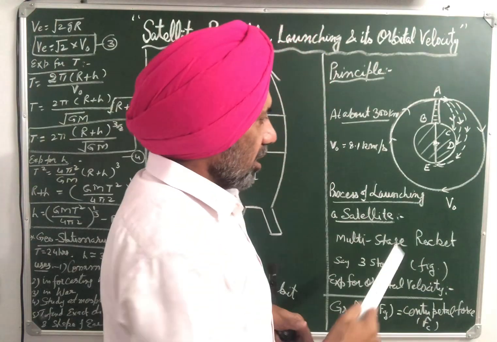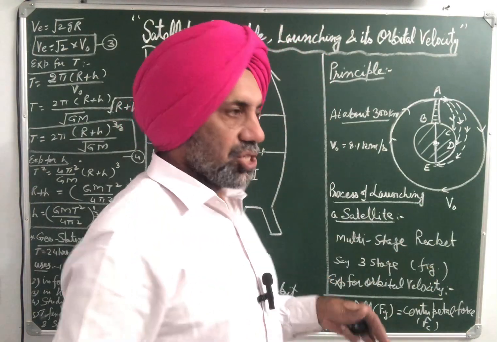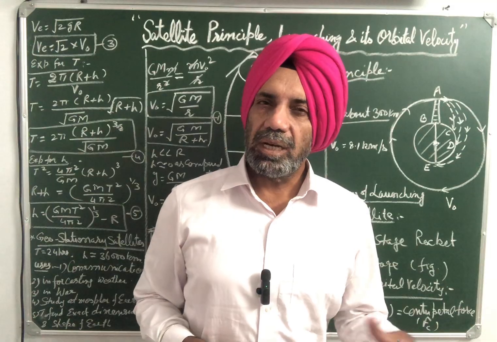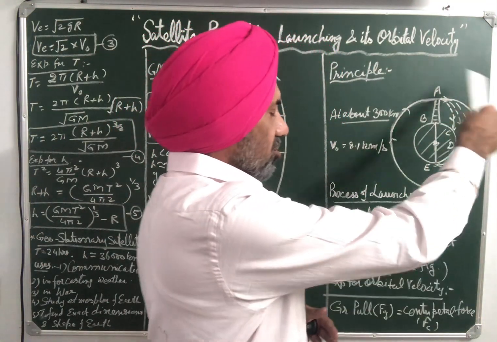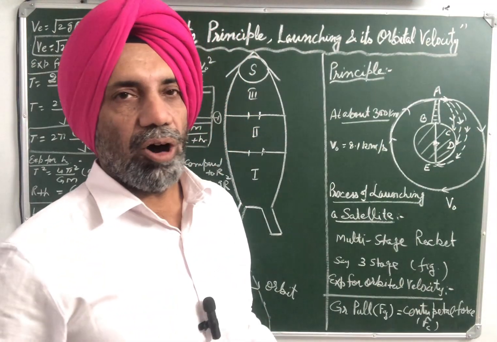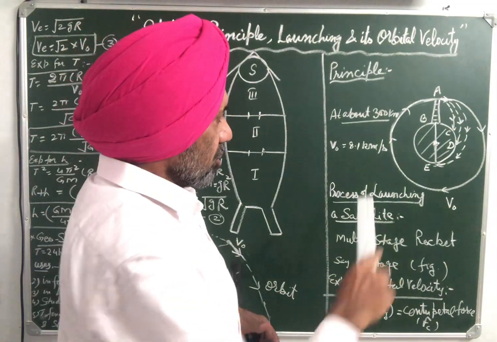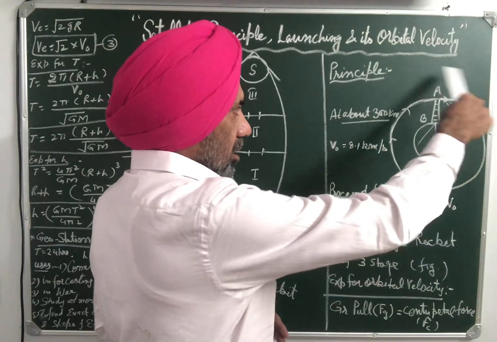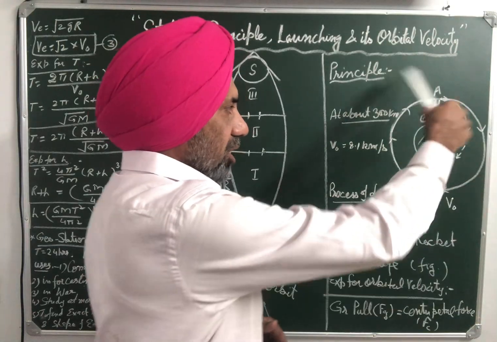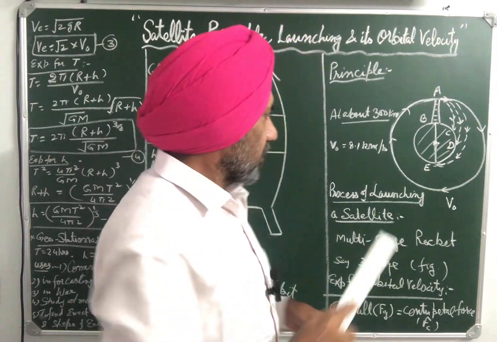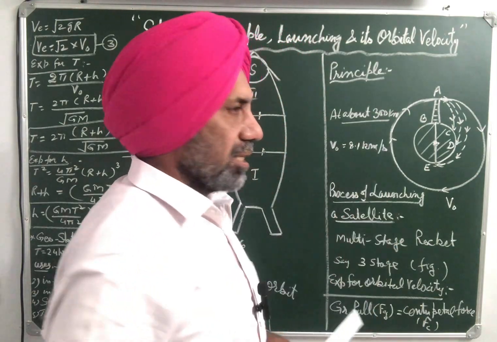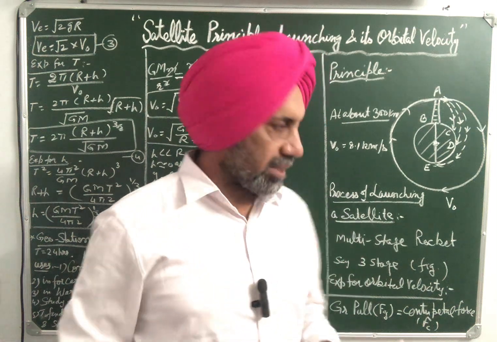The velocity of the satellite with which it revolves is called orbital velocity. So this is how we can understand the principle of launching a satellite. At a height of about 300 km, the orbital velocity is 8.1 km per second.